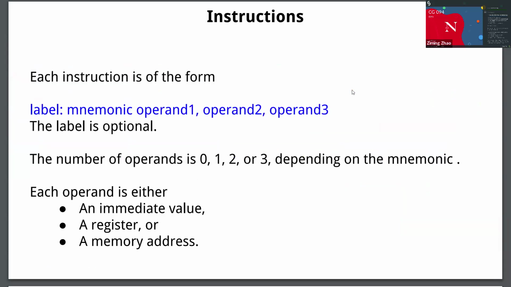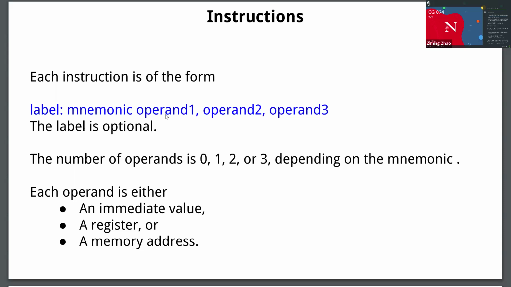Instructions. In this architecture, the instruction has several parts. There can be a label if you are writing assembly code. Then there is the mnemonic part. This is the name of the instruction. Then there can be several operands.